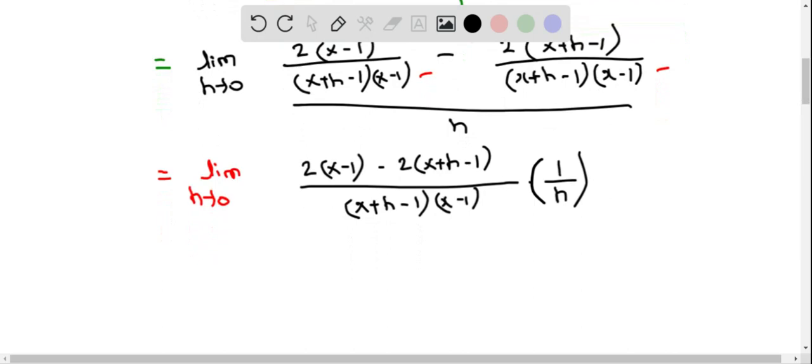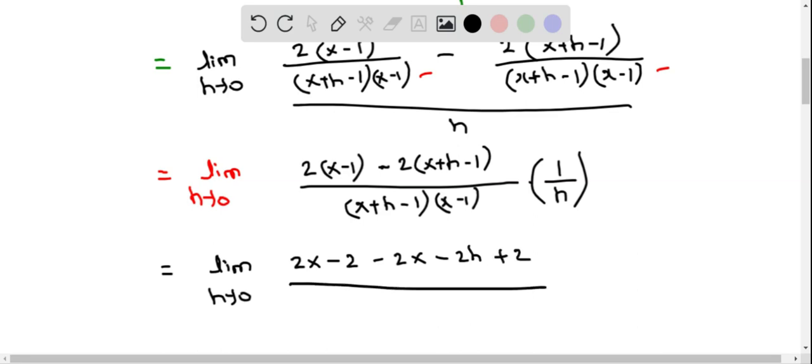Now let's simplify the numerator parts. We just have to distribute this 2 with x minus 1. When we do that, I get 2x minus 2. And then we have to distribute this negative 2 with the 3 terms inside the bracket. So it will become negative 2x, negative 2h, and negative 2 times negative 1 is positive 2, all over x plus h minus 1 and x minus 1 in the denominator, multiplied with 1 over h.